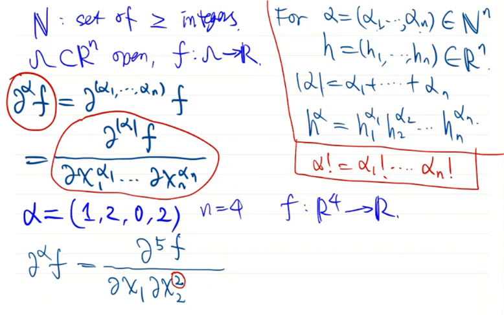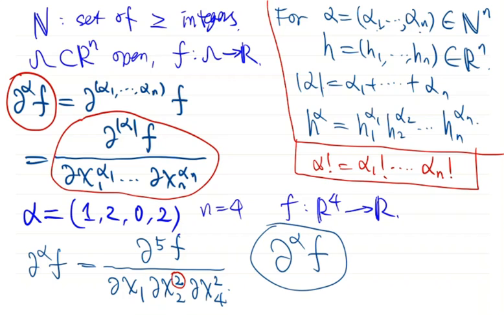Finally, x4 twice. Okay, so this is an example. So from this example and from our explanation, you should feel comfortable about this very elegant notation for higher order derivative. Okay.